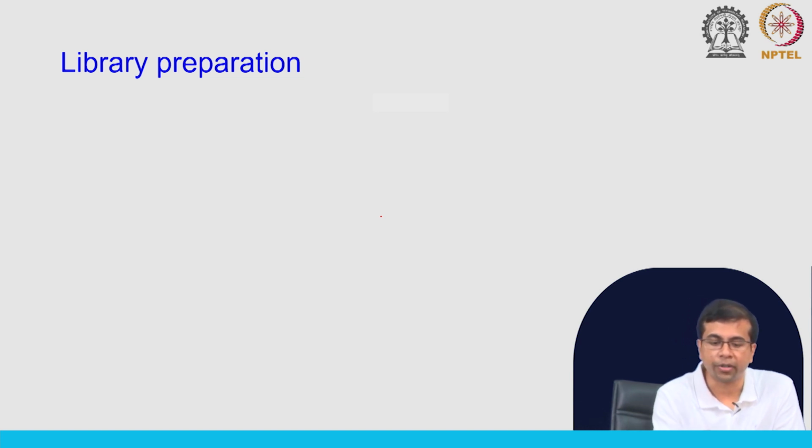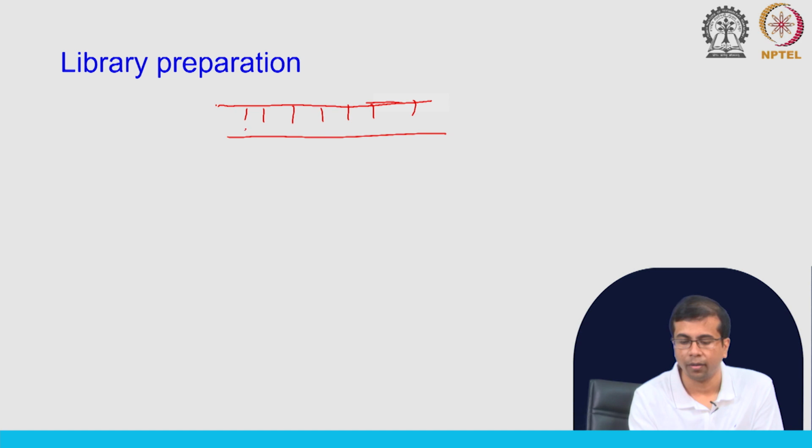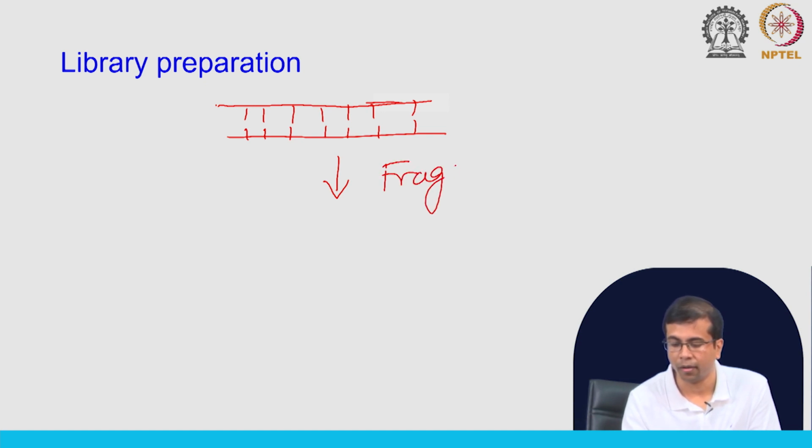For library preparation, we have these genome sequences. This is the genome, double stranded DNA, and the first step is fragmentation.